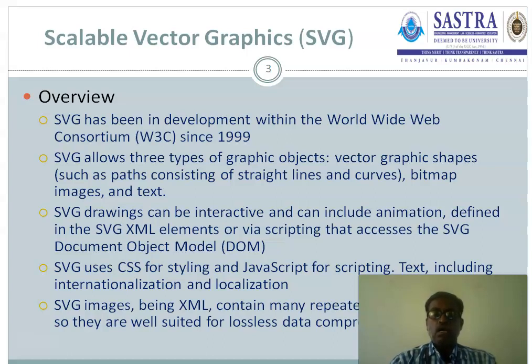That's why all such representations use CSS for styling and JavaScript for scripting. As I said previously, you can make use of scripting languages to communicate with the SVG images, so SVG provides inbuilt support for JavaScript.